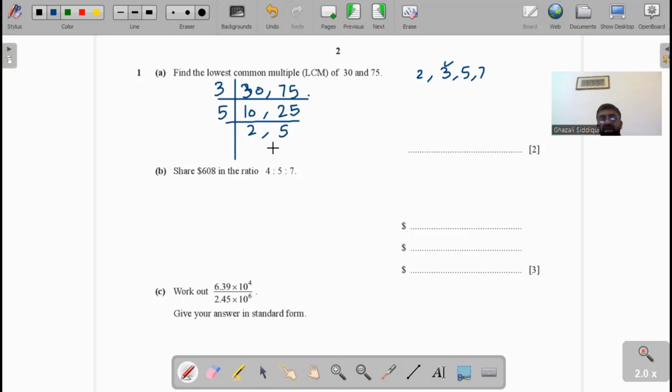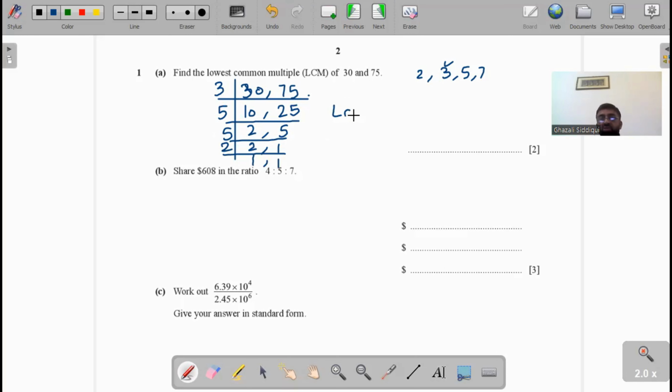Now the other two numbers, 2 and 5, we check here. 2 is not divisible by 5, so we write it as it is. And then we divide 2 by 2, we get 1 and 1.